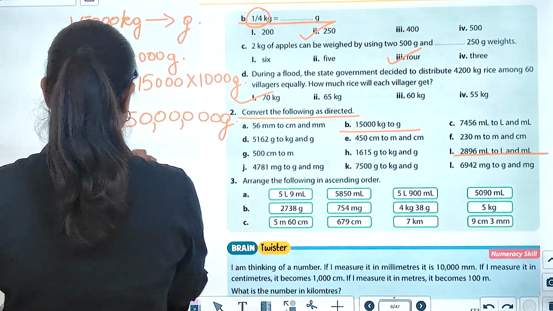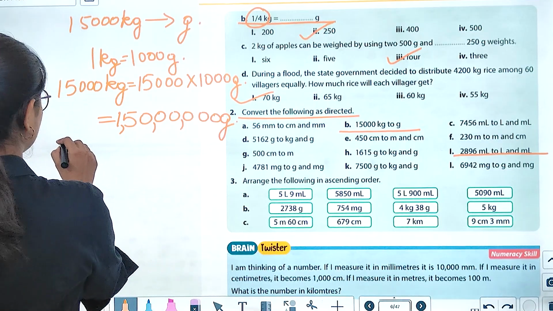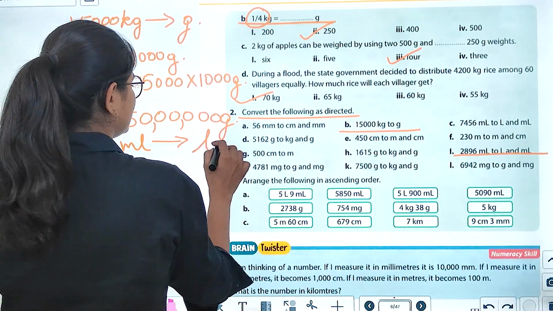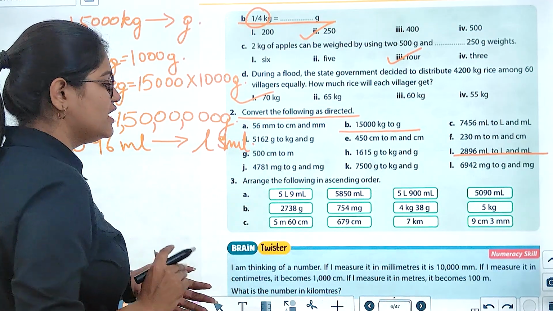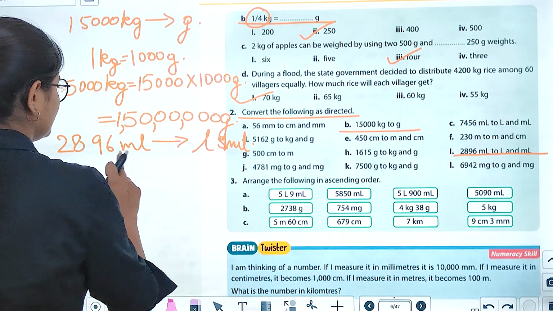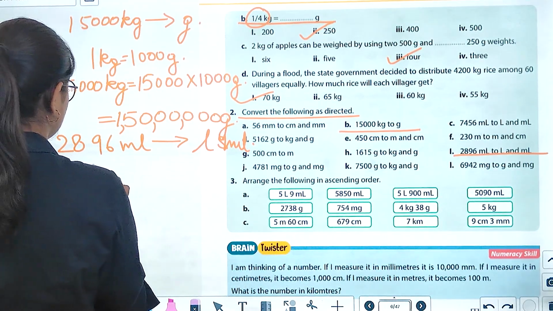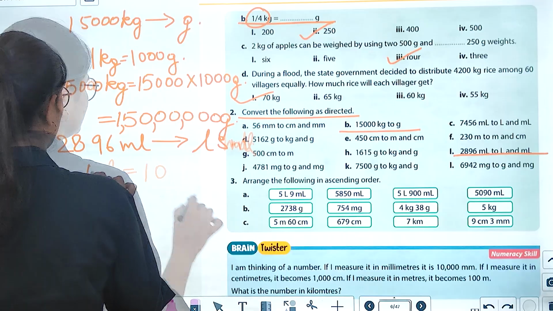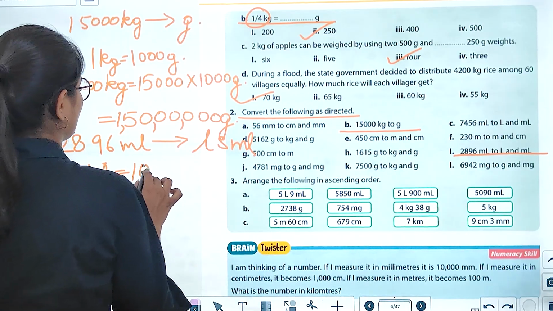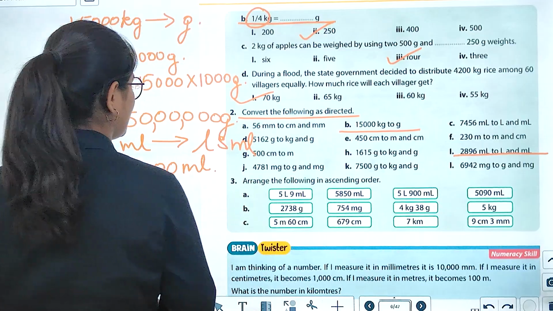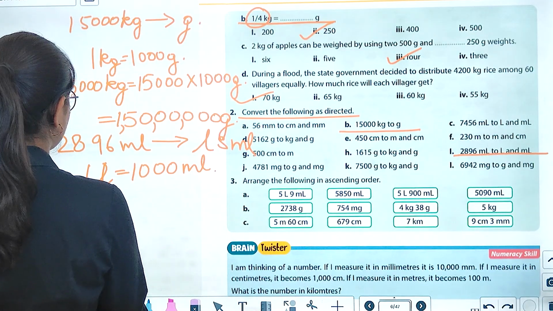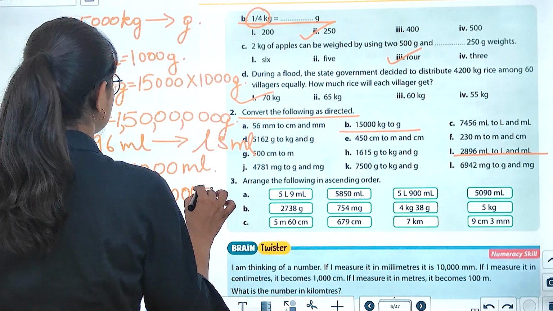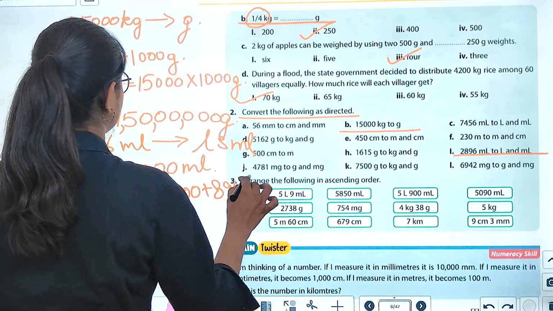So how are we going to do this? First of all, let's write it. So it is 2,896 milliliters to liters and milliliters, right? So how it's going to be done is that first of all, we're going to arrange it. We all know the process, which is 1 liter is equal to 1000 milliliters, right? Then 2,896 milliliters is equal to 2000 plus 896 milliliters.